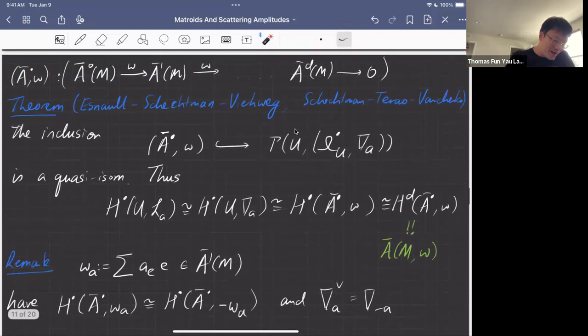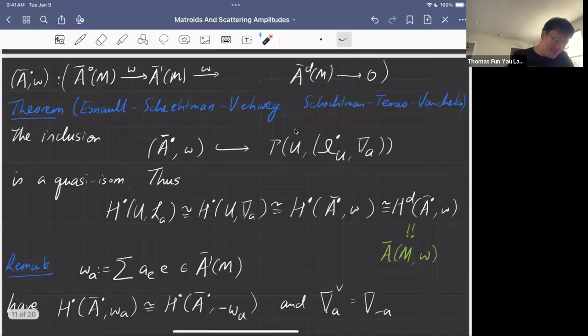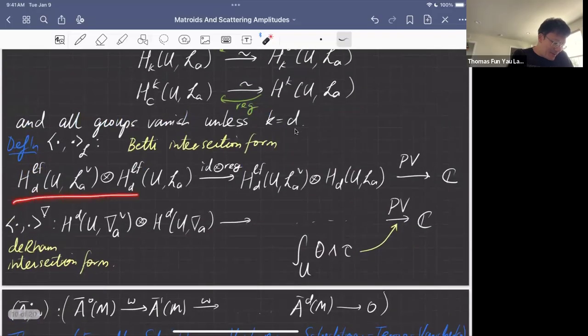So the point of this remark is that it seems slightly complicated that I'm working with two different local systems, but actually the dual local system, when I present it in this combinatorial way in terms of cohomology of the Orlik-Solomon algebra, it's the same cohomology. So this intersection form is actually a bilinear form on one particular vector space.